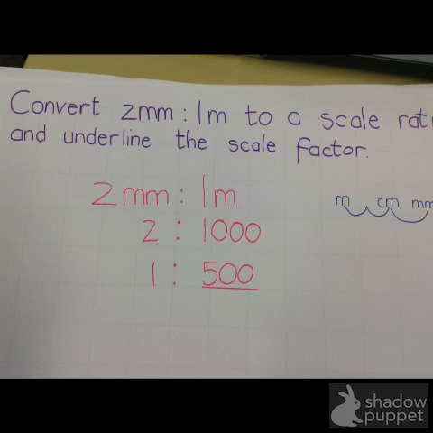We've got to put our unit into millimeters, so we say 2, and we use the little jumpy thing over there to see how to work it out, and it works out to 1,000. So now we've got 1 is to 500, and the way we did that was we divided both by 2, and we underlined our scale factor, which is what they asked us to do.